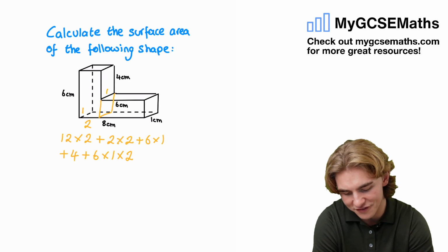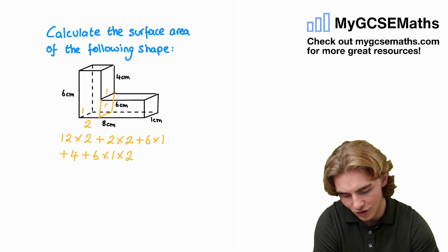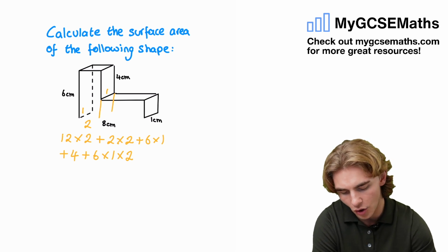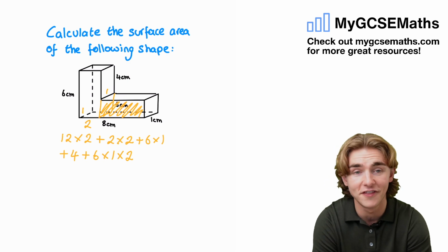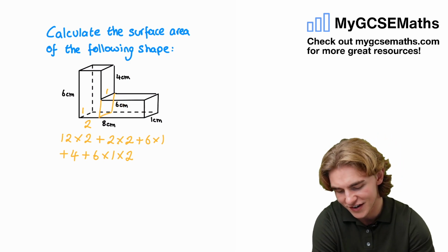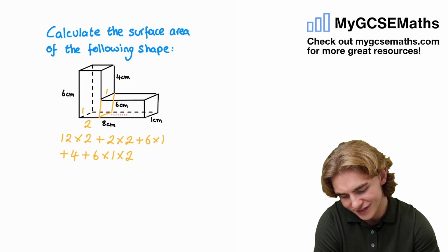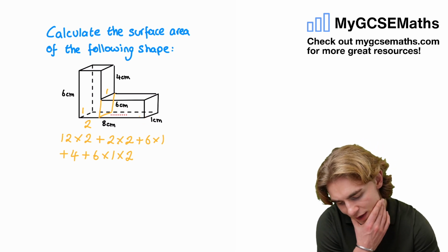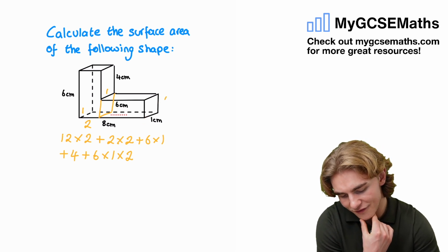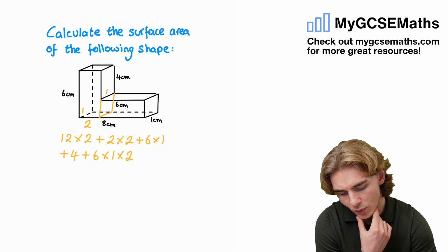Which faces do we have left, guys? We have this face on the front, and then the corresponding face on the back of the shape. What's that going to be? We're going to have a base of 6 again. We're going to have a height this time of, what's the height going to be? We don't currently have the height. We don't have a side length for this over here, but we can work it out.